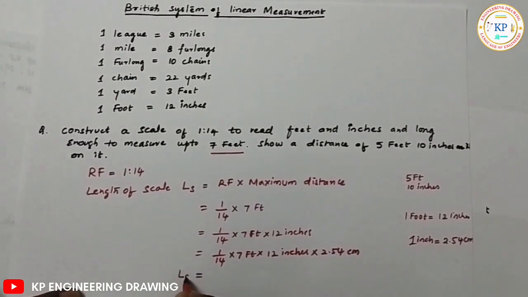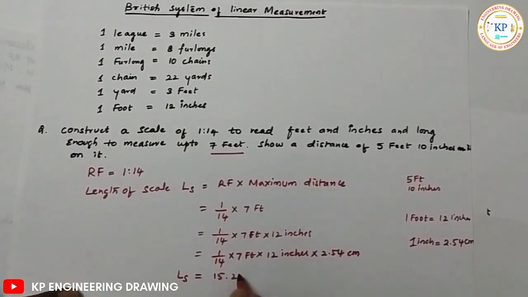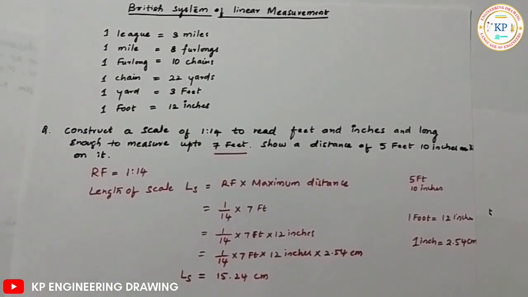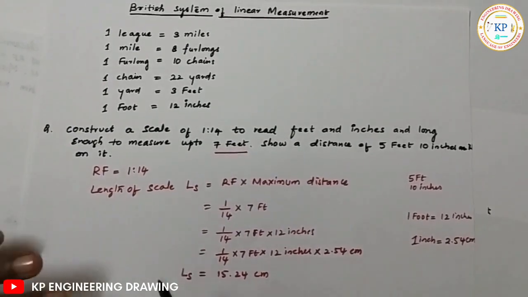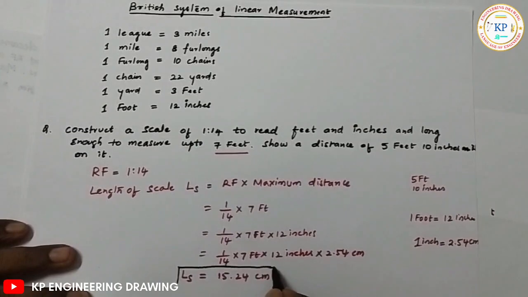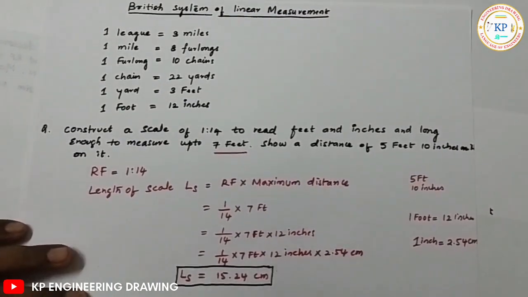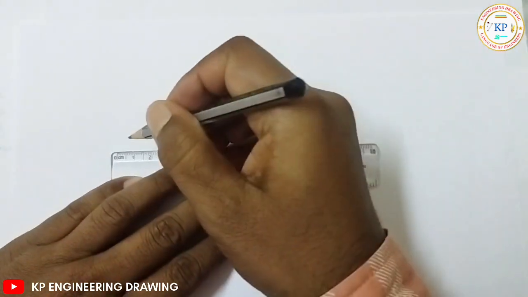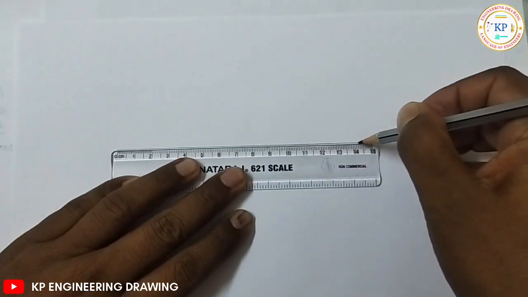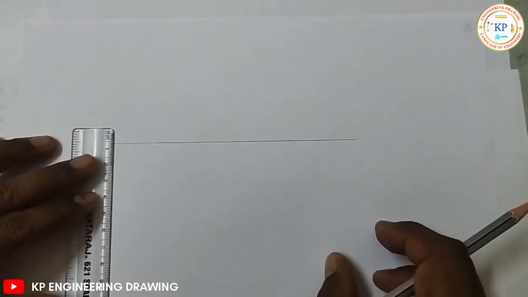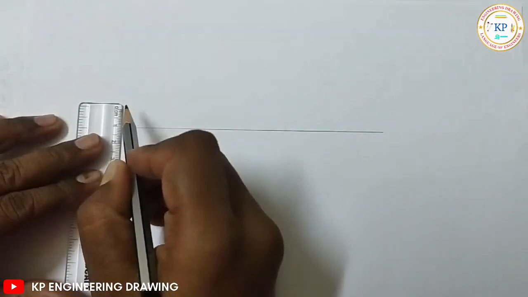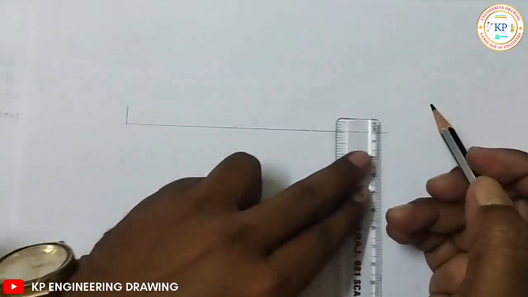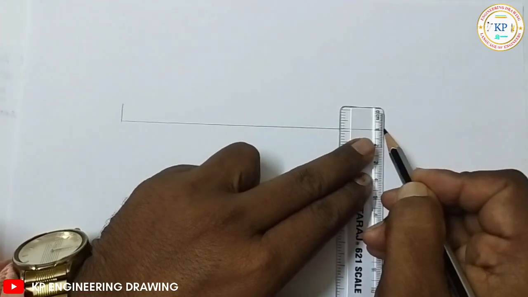So we'll get LS as 15.24 centimeters. Okay. Now we'll construct a scale of length 15.24 centimeters. The height of the scale should be 10 mm.